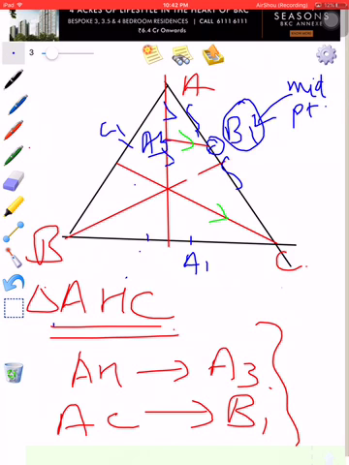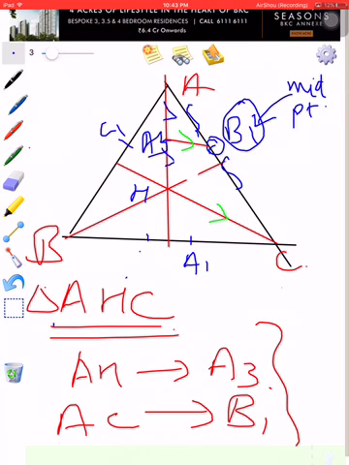If you want to prove it's a cyclic quadrilateral, I'm going with the approach that I want to prove that A1, B1, A3 lie on the same circle as A1, B1, and C1. A good approach would be to prove two angles are 90 degrees. That's a very good approach to proving a quadrilateral is cyclic.